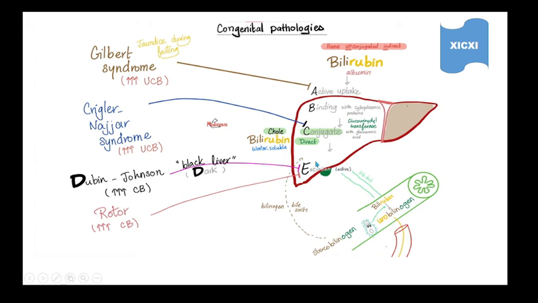If the problem is active excretion, it means there is a blockage of the gate where direct bilirubin or conjugated bilirubin is going to go out. If there is a blockage, we have a disease called Dubin-Johnson syndrome or Rotor syndrome. Because our bilirubin has been conjugated, this is going to be a high elevation of conjugated bilirubin.